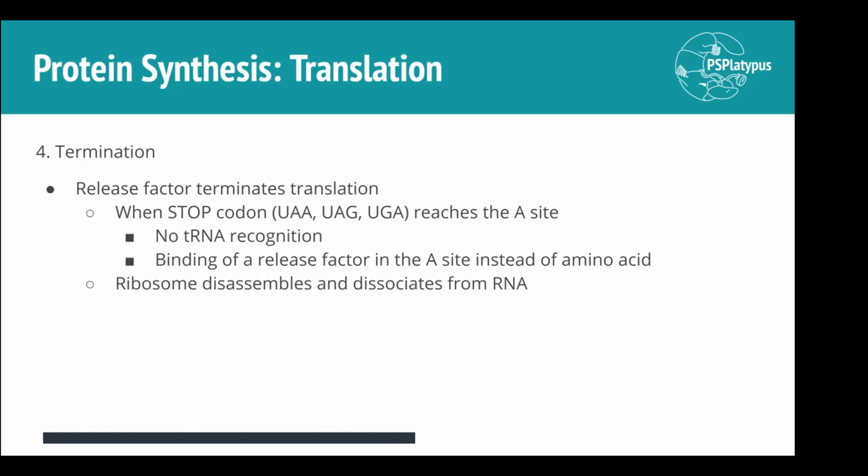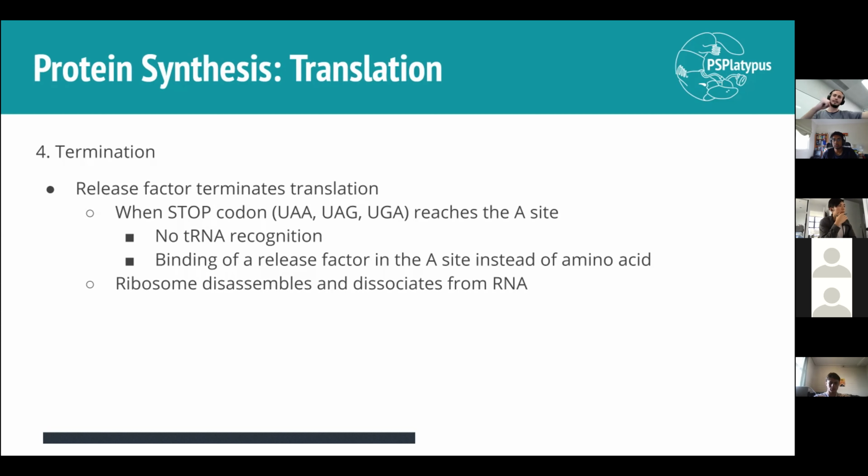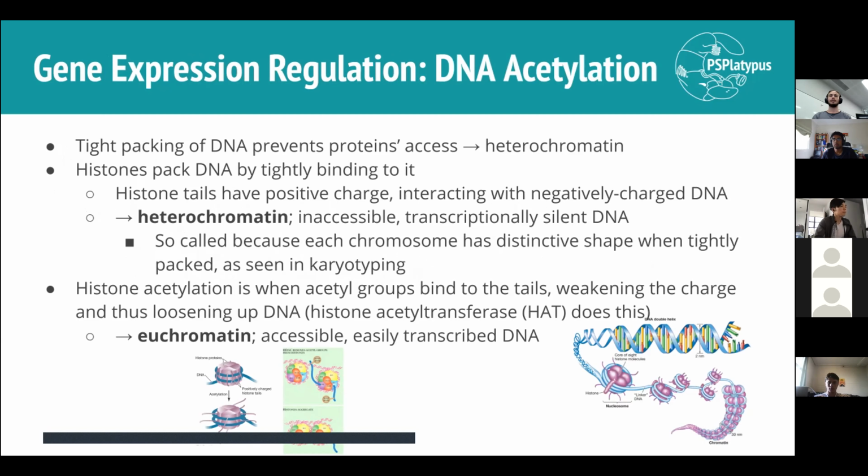So instead of a tRNA binding to it, what you get is something called a release factor, which is another protein. And that causes the ribosome to disassemble and dissociate from the mRNA, because you've got the protein in its entirety, the polypeptide.